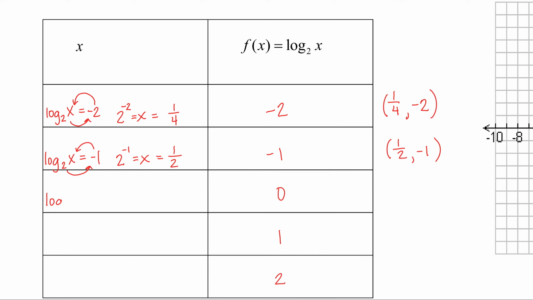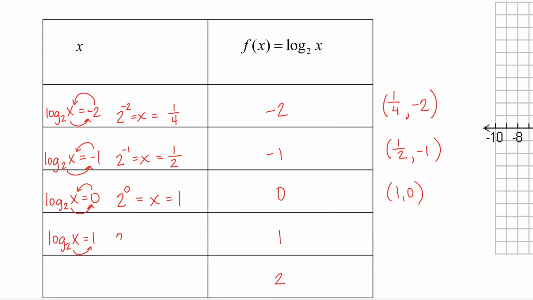Again, I do log base 2 of x equals 0. So 2 raised to the power of 0 equals x, which of course is 1. Anything raised to the power of 0 is 1. So I will get 1, 0. Log base 2 of x equals 1.